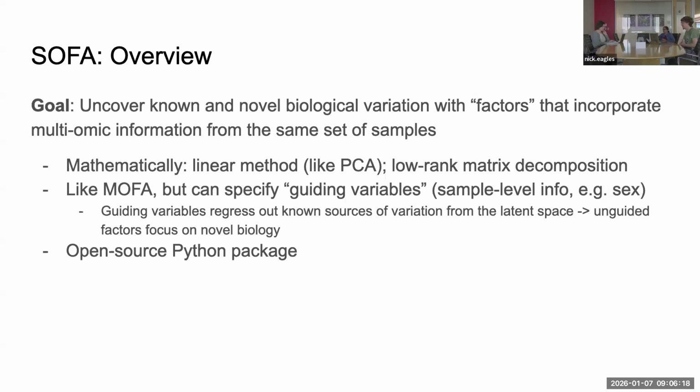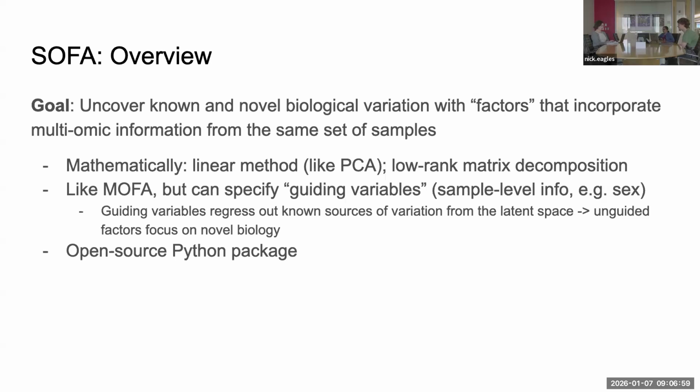I guess we've seen MOFA before, so I'm assuming some knowledge of MOFA, but what makes it a little different is these guiding variables. In the method, you can specify sample-level information like sex or age, other variables like that. The idea is that these factors are finding different aspects of the biology, and you can guide certain factors to find the variation related to those sample-level covariates.